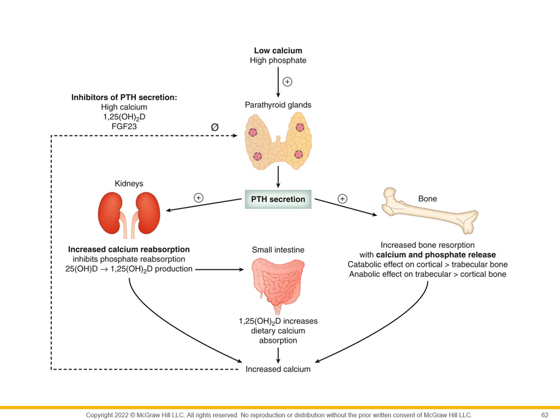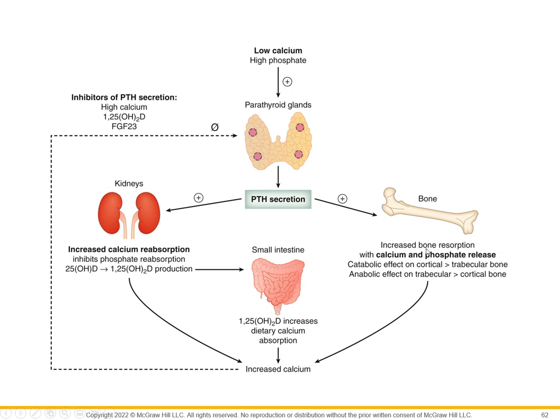That activated vitamin D goes to the small intestine, where it acts to promote the absorption of calcium in our diet. So for the things we consume, to get that calcium, you have to have vitamin D, and PTH promotes the production of that vitamin D so we can absorb calcium and increase calcium levels.